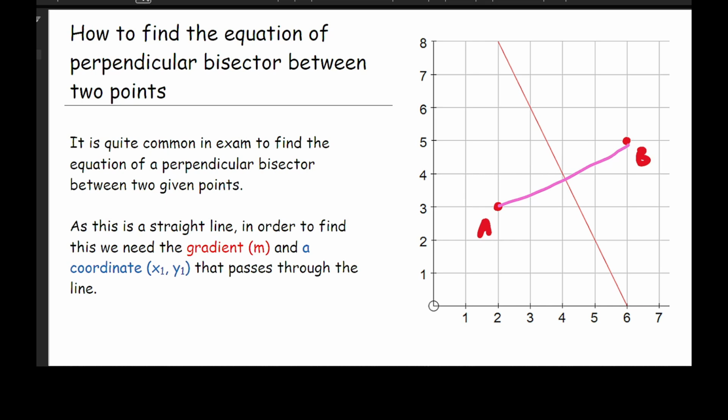then the perpendicular bisector will not only go through the midpoint of AB, but also will be perpendicular to that line that joins A and B, and there that gives us our perpendicular bisector, which is this red line here.